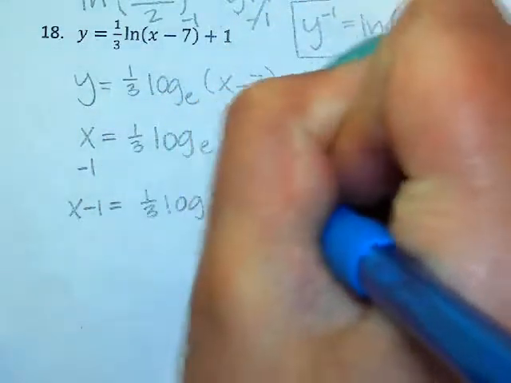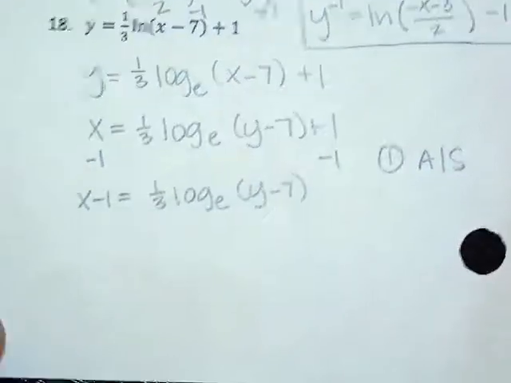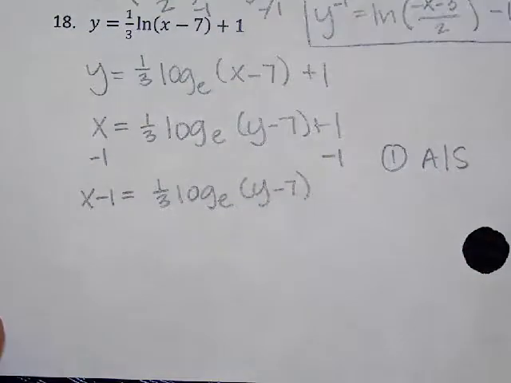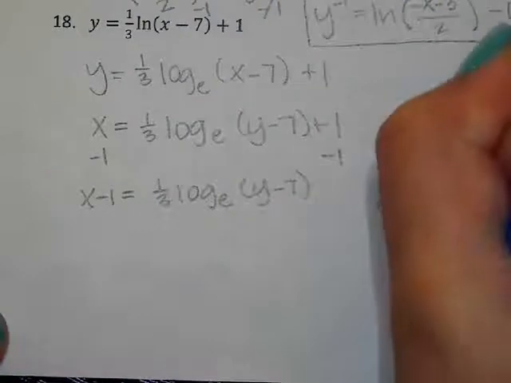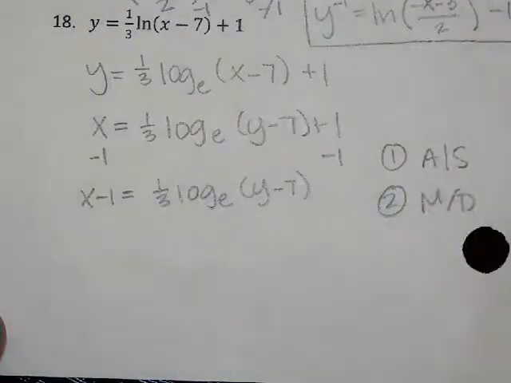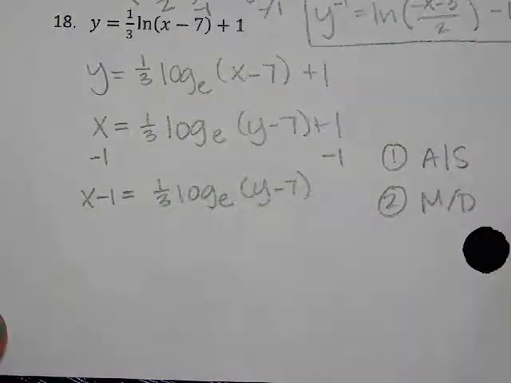Okay. What is the next step? Do you want to divide? Yeah, you could do that. It's a little bit easier. It accomplishes the same thing, but it's a little bit easier for us. So you can multiply or divide during this step. So you would be correct if you said divide by 1/3. That is mathematically accurate.